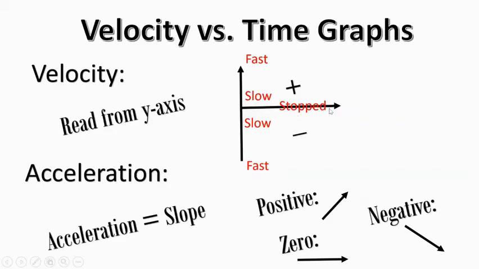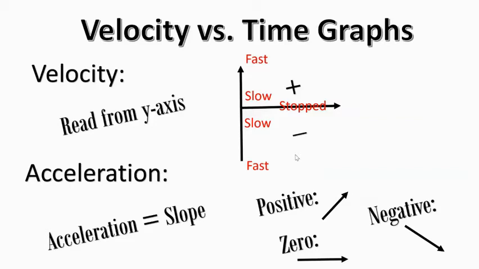Right at the middle line, the velocity is zero, so it's completely stopped. When the line is close to the middle line, the object is moving slow. But if it's far away, and it doesn't matter if it's far away at the top or far away at the bottom, the object is going to be moving fast.